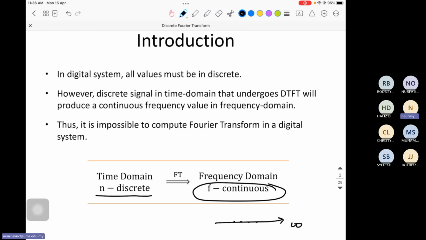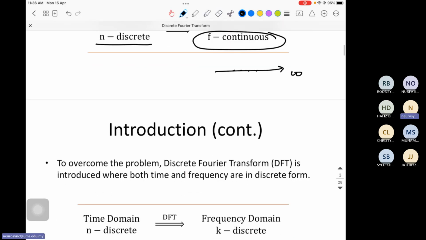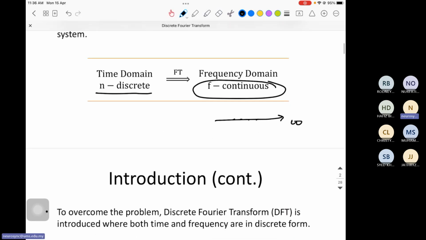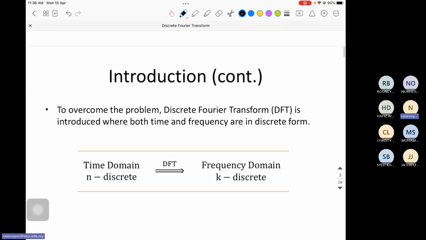To compute a Fourier transform in a digital system for this continuous frequency was maybe impossible. We cannot say mostly impossible, but it will require very powerful hardware or high storage. So we cannot apply the Fourier transform to the continuous one.